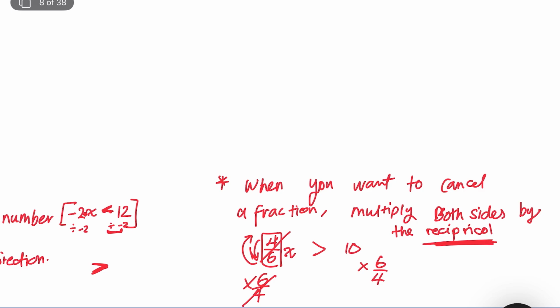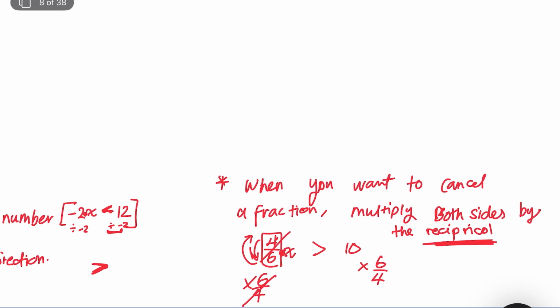Once you see a fraction next to your variable, the fraction should be multiplied with your variable, not added. With your variable, you have to multiply again by the reciprocal. You will tell me, Miss, why are we cancelling the multiplication by multiplication?